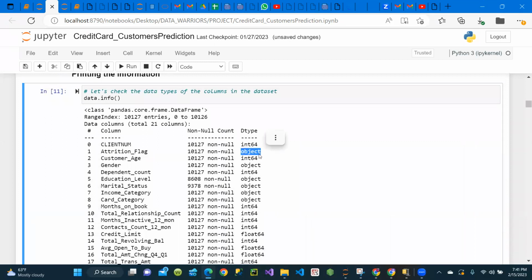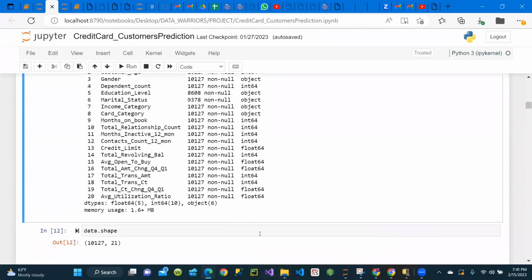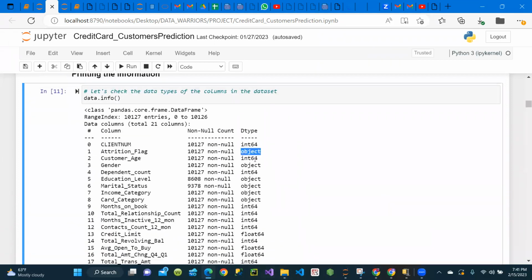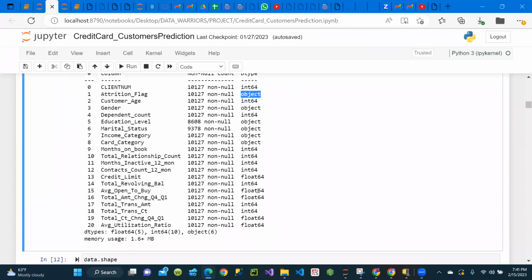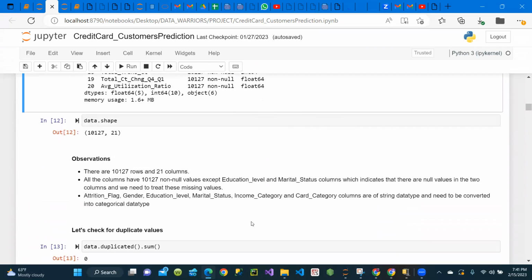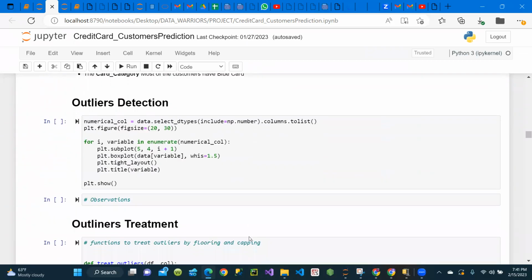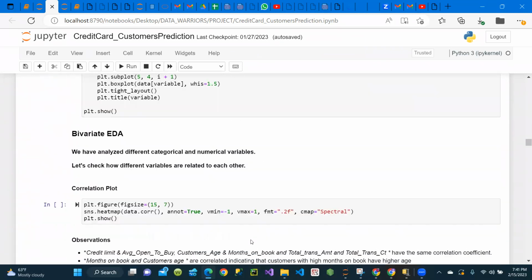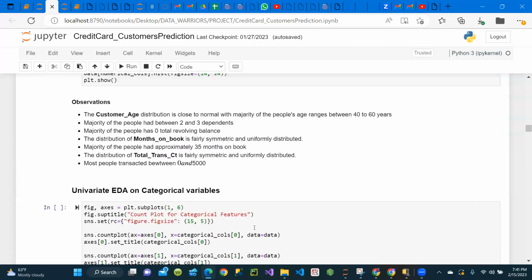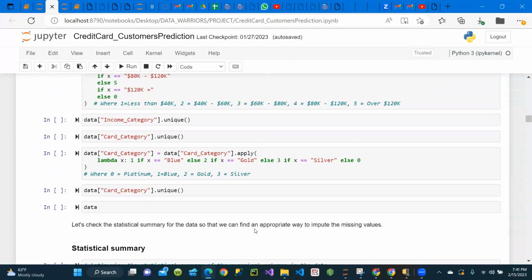When you see object, that's a string. But for this to be ready, you only want to see integers, floats, or boolean. For you to carry out a machine learning algorithm, every data should be numbers. You just don't want to see words. So we are not yet ready. There are a lot of things that are going to happen.